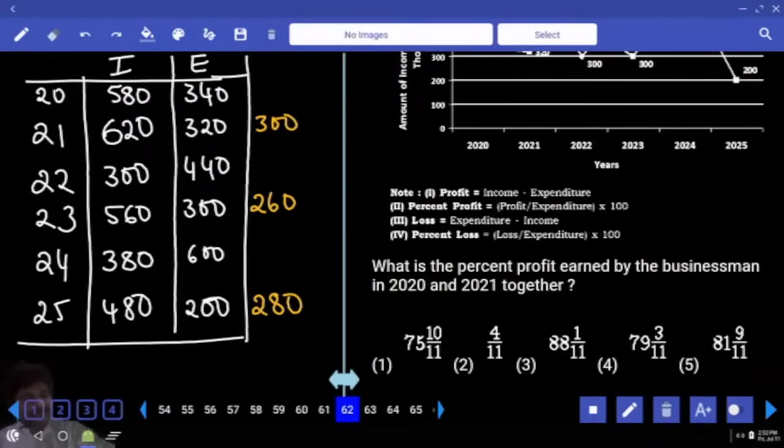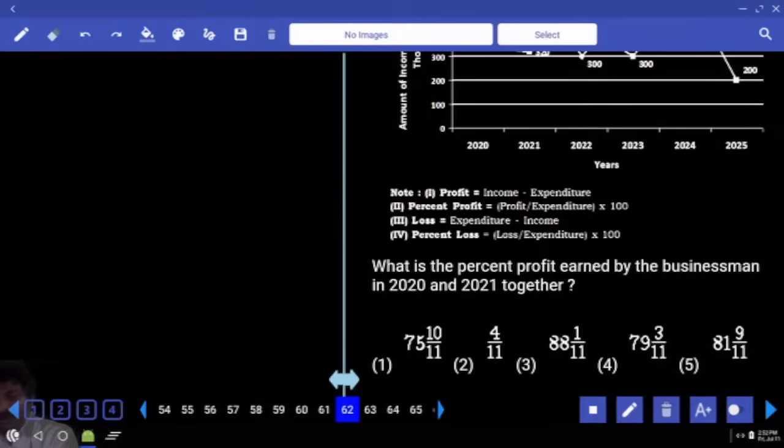What is the profit percent earned by the businessman in 2020 and 2021? In 2020, how much profit is made? 580 minus 340, 240. How much is the total profit made in those 2 years? 540. But we were asked to calculate profit percent, not profit.